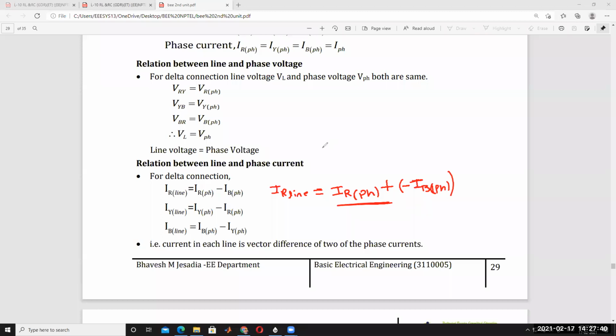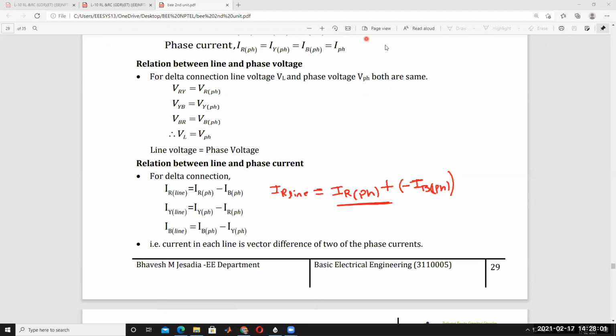Understood, same as this one. These two are the same. IR line is nothing but the addition of IR phase and minus IB phase.